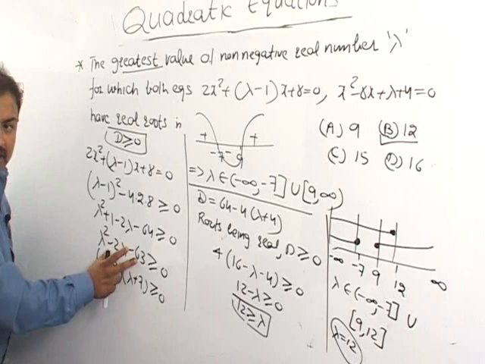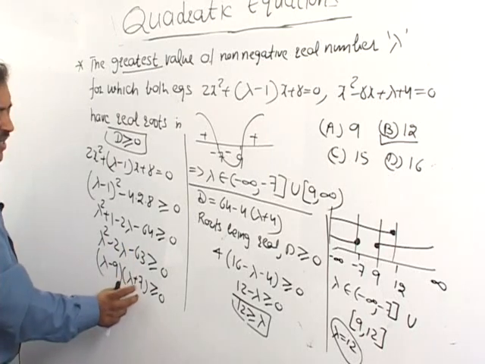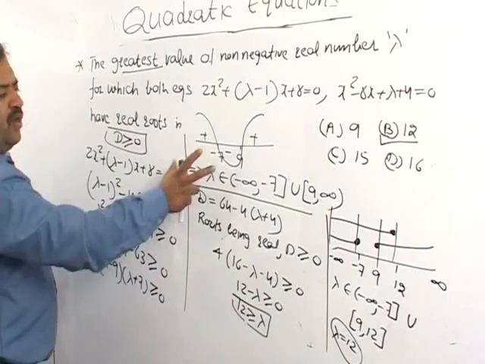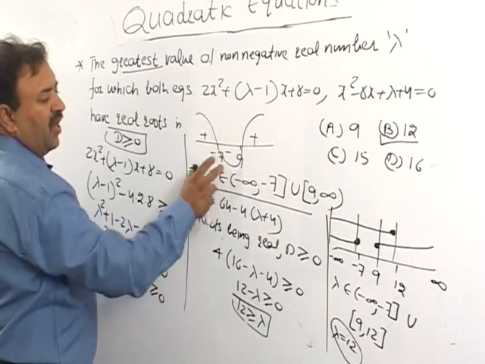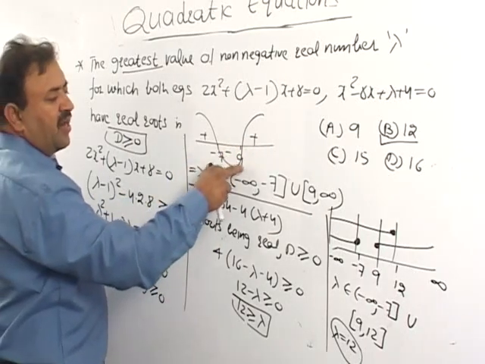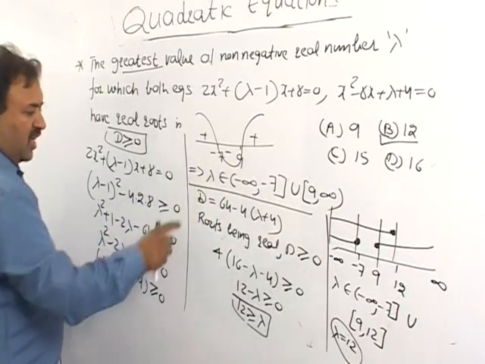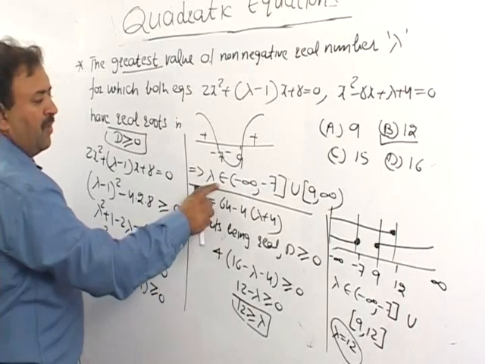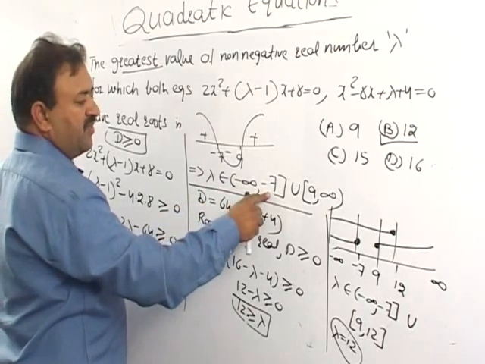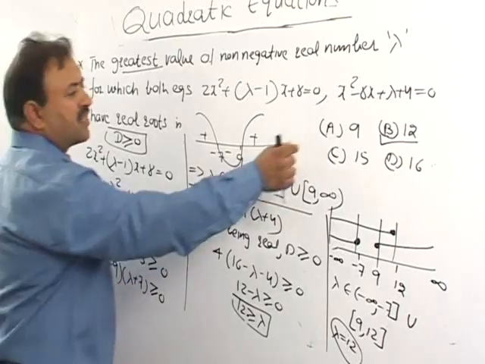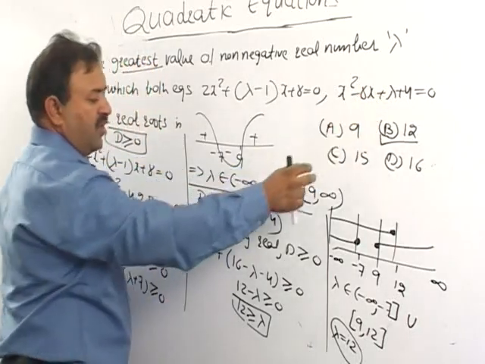We got this inequality, (lambda minus 9)(lambda plus 7) greater than or equal to 0. We draw a number line in which minus 7 and 9 are represented. Then this is a parabola and our solution set will be where lambda belongs to minus infinity to minus 7 union 9 to infinity.